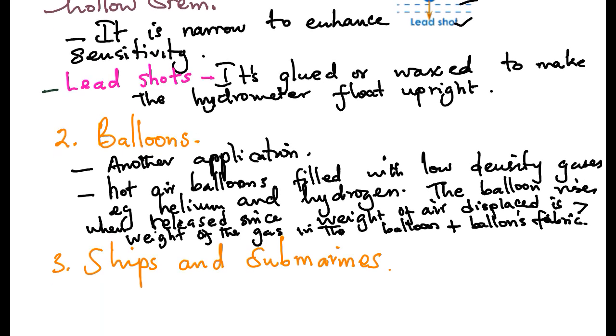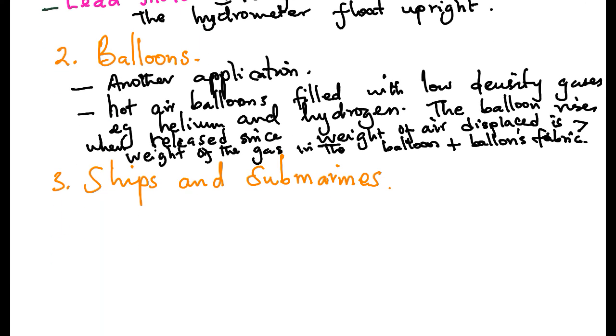The other application is ships and submarines. It is important to note that steel is a metal that would otherwise sink when placed in water. So ships are made of steel, yet they float.